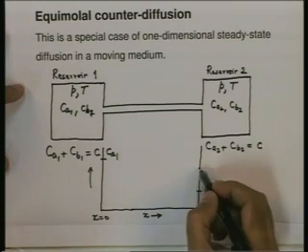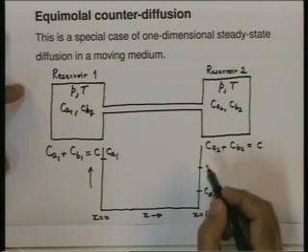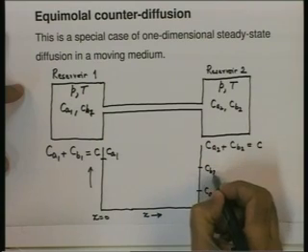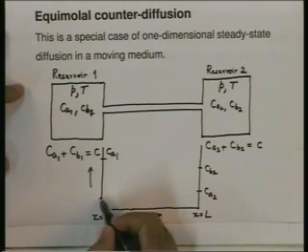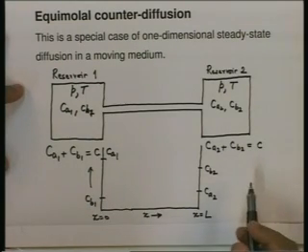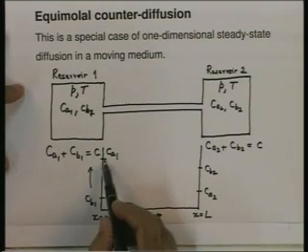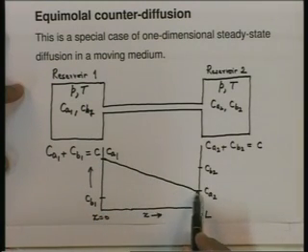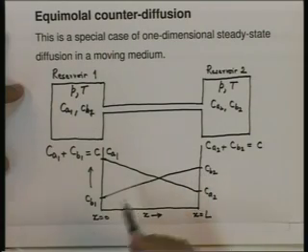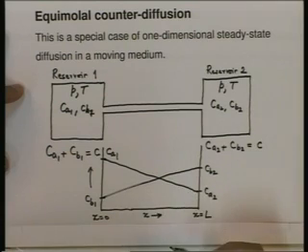Let us also assume that concentration of B, Cb2 in reservoir 2 is higher than the concentration Cb1 in reservoir 1. Our aim is to determine the variation of concentration for A and B between reservoirs 1 and 2 along the connecting passage.